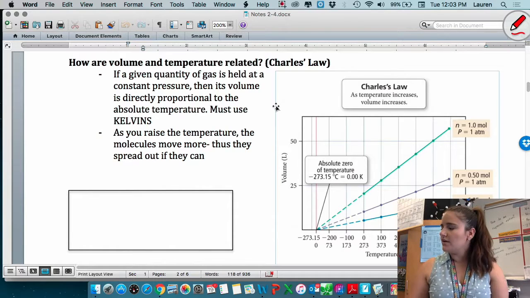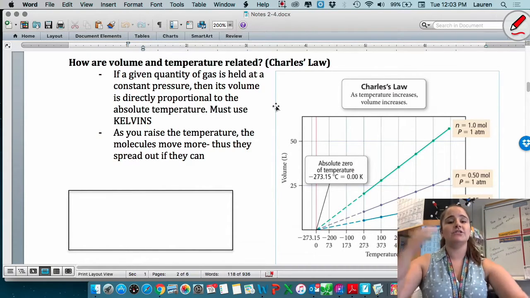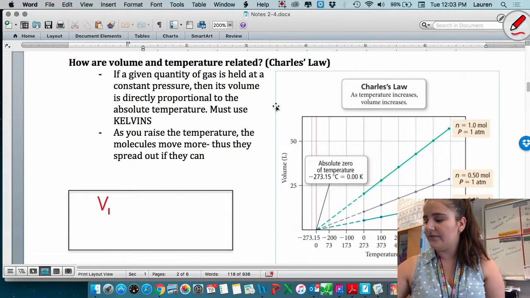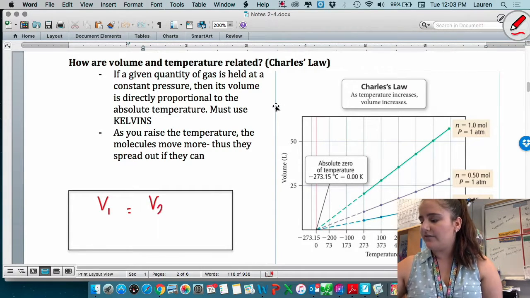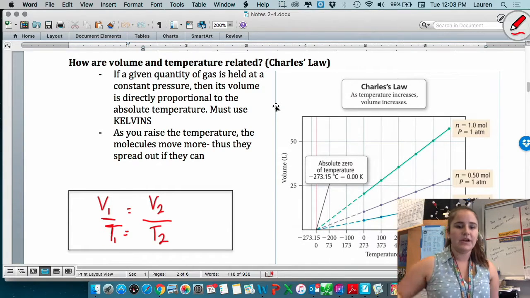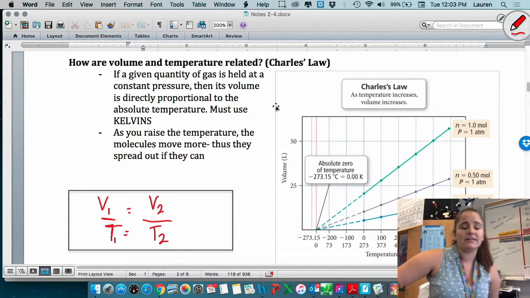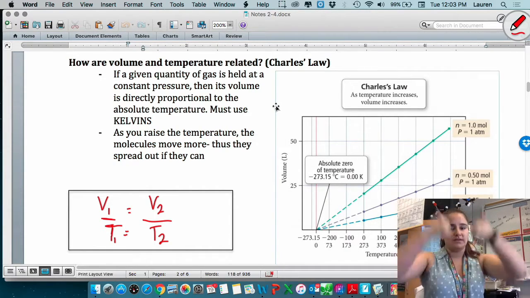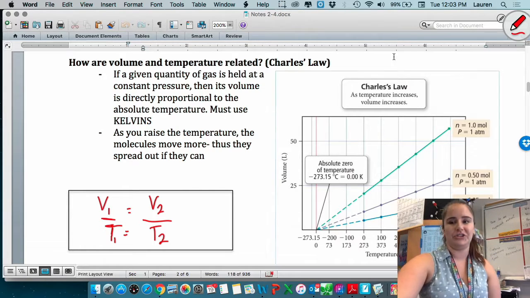So when things are directly proportional, that means V1 over T1 equals V2 over T2. My smartboard isn't working. That's what it looks like when things are directly proportional.